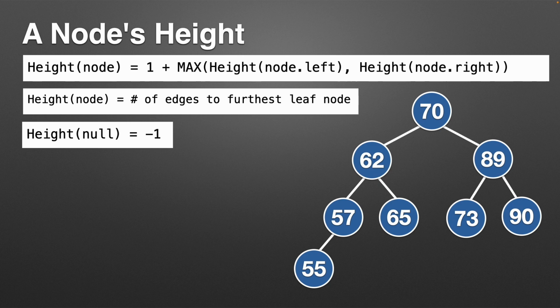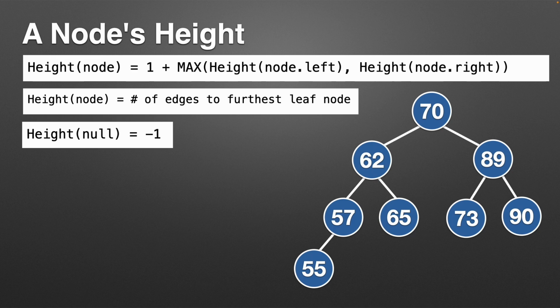It's 3. So what are we counting? We're counting the edges. For 70, we're counting this edge and this edge. Because this tree is pretty small, you can see where else we could go from 70: we could have gone here, then here, but that's only 2. That one's the longest, it's 3.